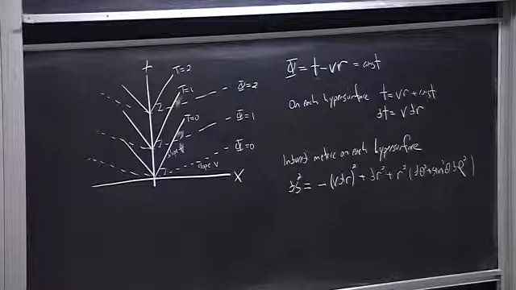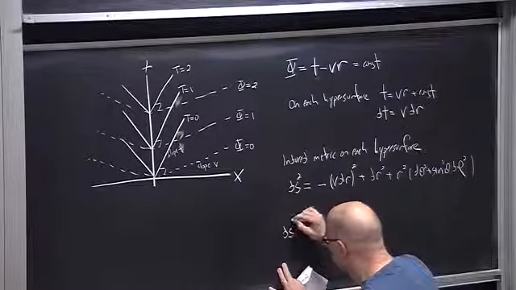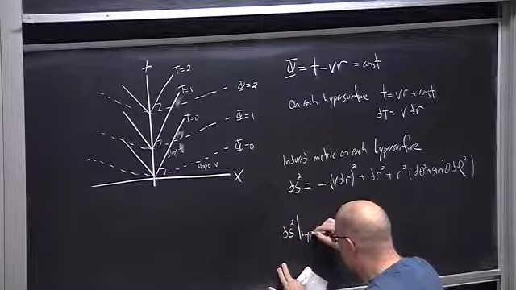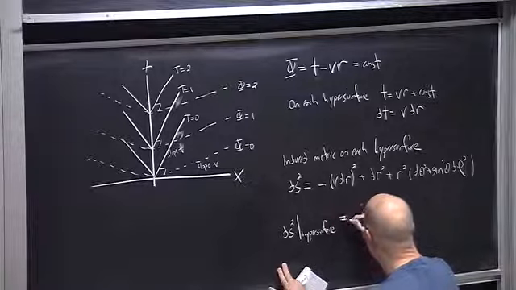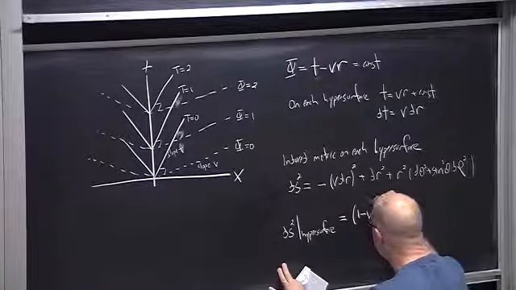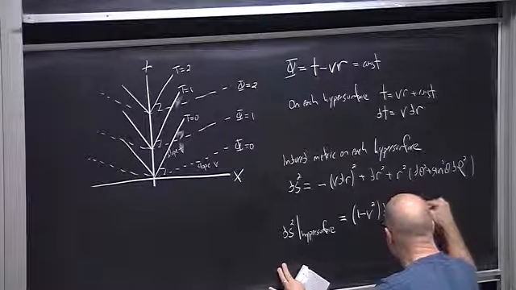And what I'll get, of course, is a perfectly fine three-dimensional metric on my hypersurface. So the line element on the hypersurface is going to be 1 minus v squared, dr squared, plus the rest of it.